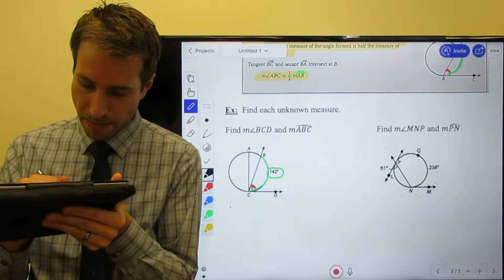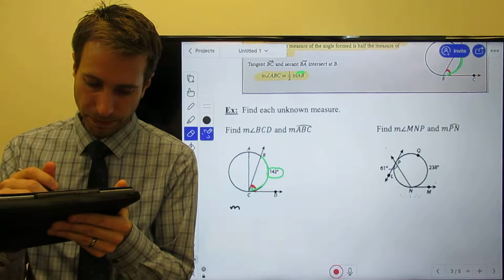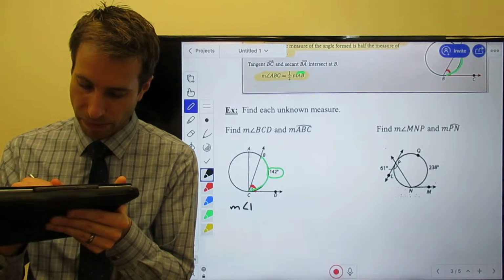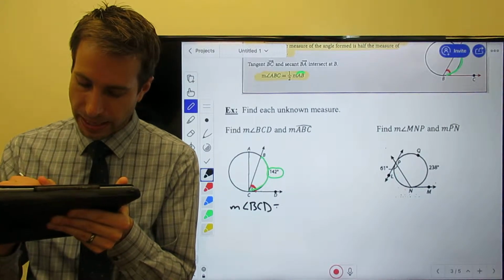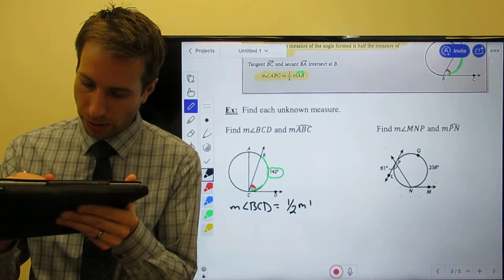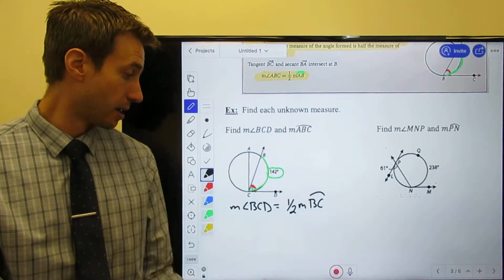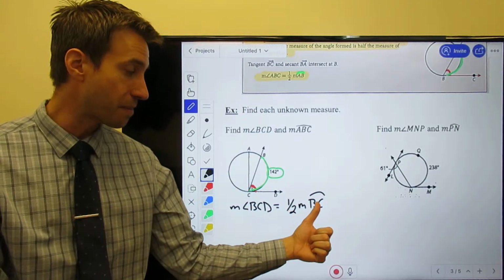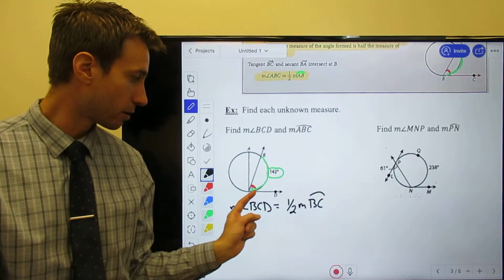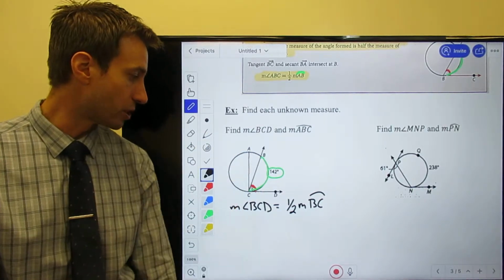The measure of angle BCD is 1/2 the measure of arc BC. That's what the formula says: the measure of the angle is half the measure of the arc that angle produces.